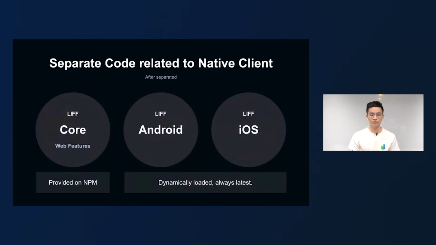And we separated it into LIFF core, which includes web features, and this core part is provided on npm. And also there are two parts, LIFF for Android and LIFF for iOS. These features related to clients are dynamically loaded, so they will always be the latest.